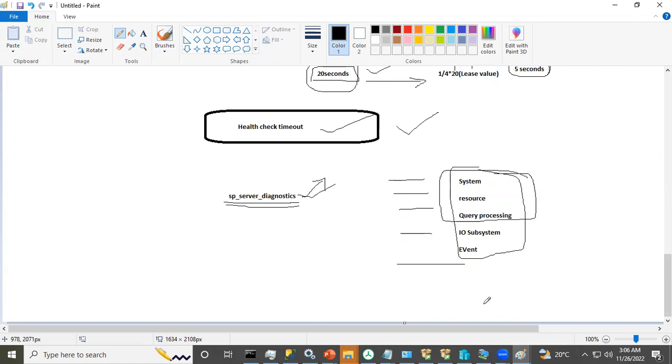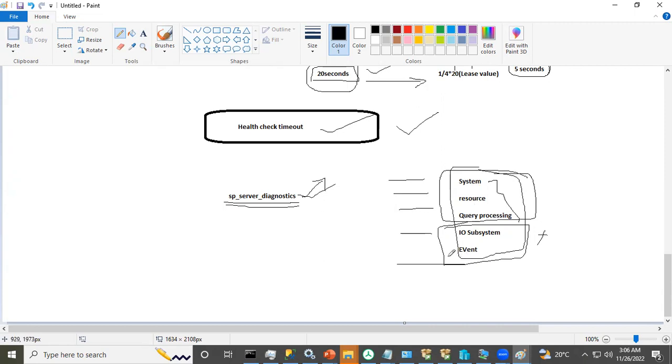On what basis does it trigger a failover? Mainly based on any of these three events. IO subsystem and events will not trigger a failover, but if any of these resources are not healthy, then it triggers a failover. If it is a warning, that is somewhat okay.